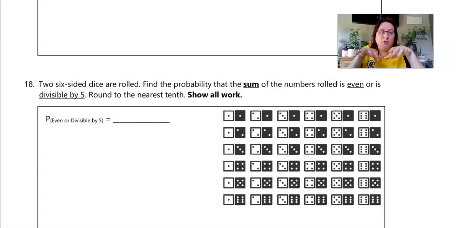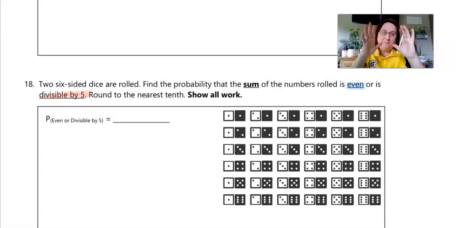In this particular problem, it says 2 6-sided dice are rolled. Just like we did in our activity, right? It says find the probability that the sum, that's when we add them together, of the numbers rolled is either even or is divisible by 5.